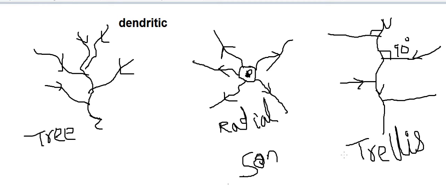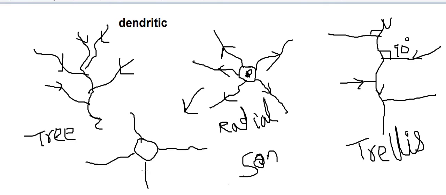Dendritic, radial, trellis. Now, opposite to the radial is one more thing, that many rivers originating from different sources drain out at a single place. They come and drain out to a lake or in a sea.